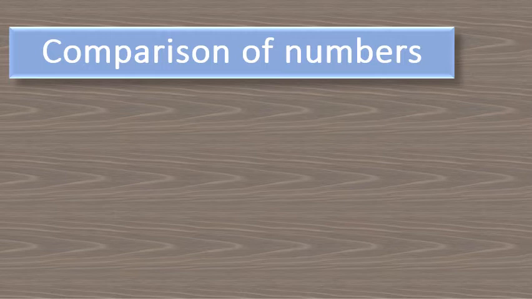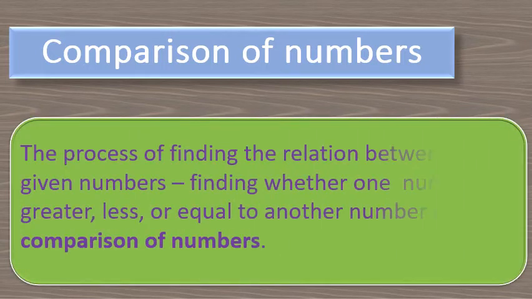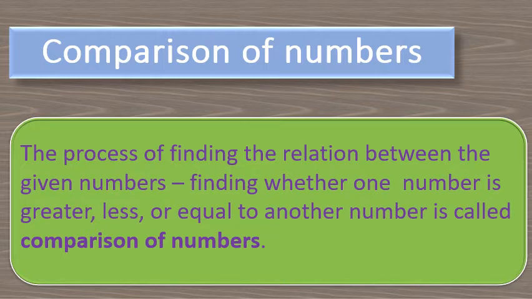First, let us know the meaning of comparison of numbers. The process of finding the relation between the given numbers, that is, finding whether one number is greater, less, or equal to another number is called comparison of numbers.